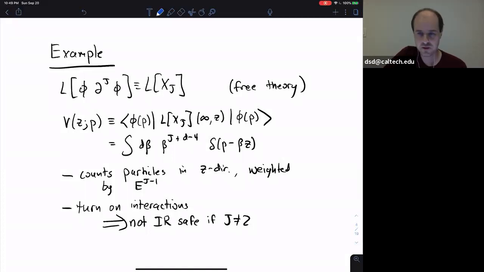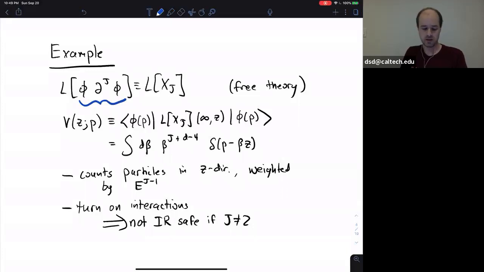So let me give another example of a primary detector, which is in a free theory. Instead of doing the integral of the stress tensor, we could consider the integral of a higher spin current. Here's a higher spin current with spin J. Actually, the real higher spin current would be some combination of derivatives acting on two phis with J free indices, so I'm just writing it in a schematic way.